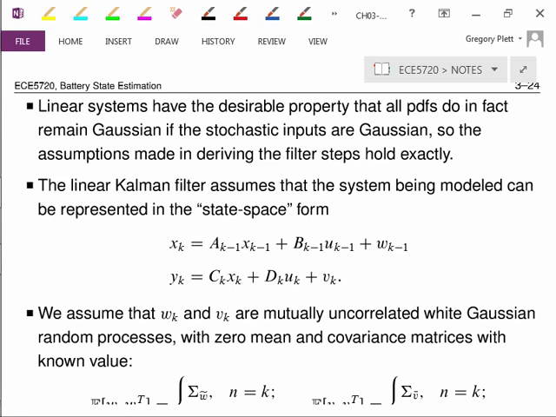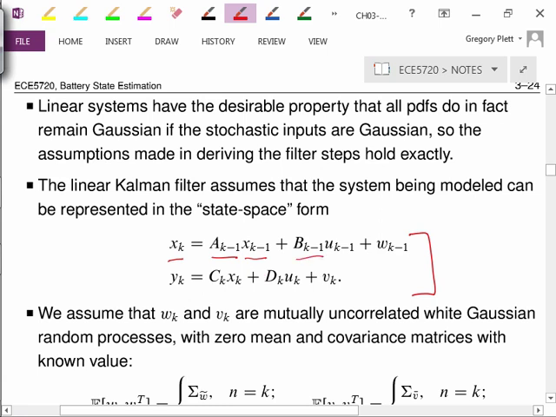The linear form means this. It means that my model looks like x k is some A matrix, which may be time varying, so that's why it has a time subscript. So an A matrix times the previous state plus some possibly time varying B matrix times the previous input plus a process noise.